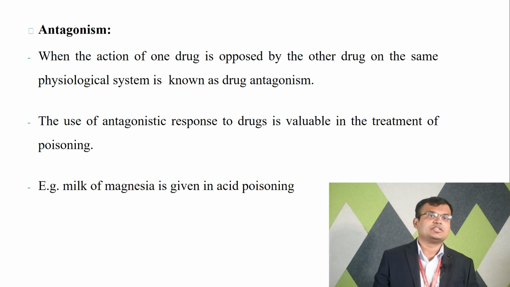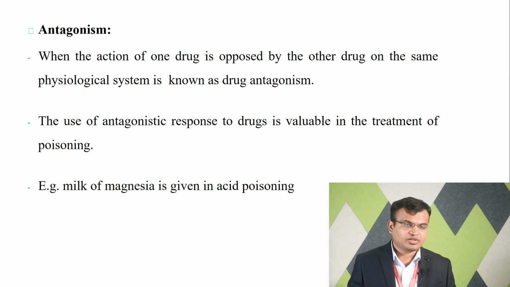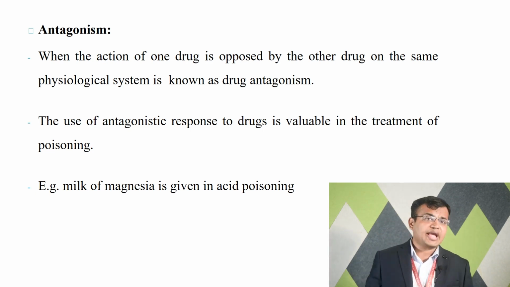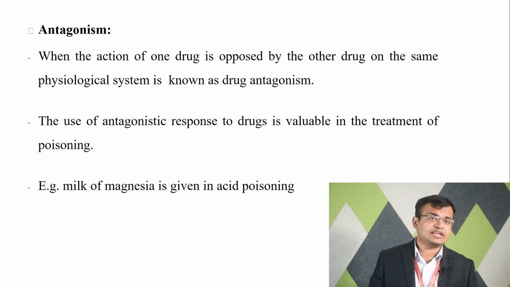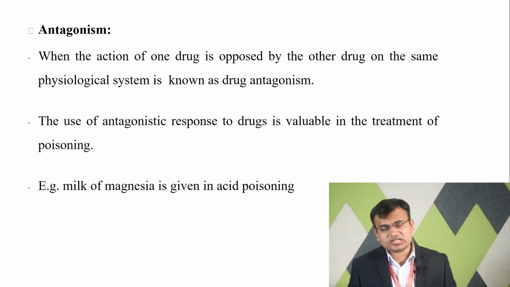For example, the antagonistic response to a drug is valuable in the treatment of poisoning. Most of the time, if there is some kind of poisoning, for example acid poisoning, then milk of magnesia is given. So that means in certain conditions, antagonistic effects are found very useful to treat some physiological disorders or poisoning conditions.